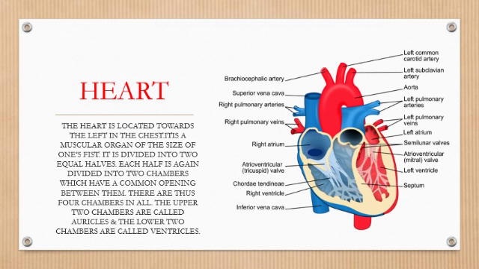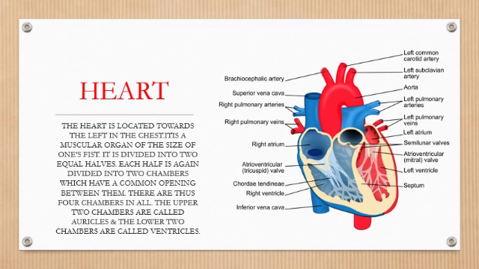The aorta is the largest artery in our body, children. All the arteries will be carrying the pure blood, that is oxygen rich blood, except the pulmonary artery.